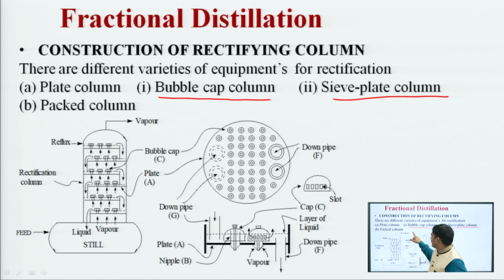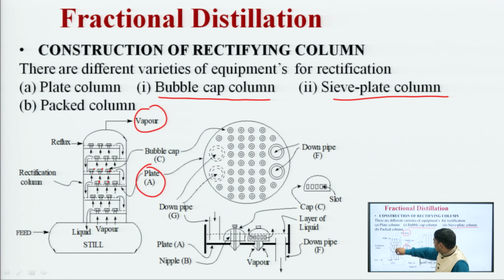From top we are collecting the vapor, and this vapor is passed to condenser. So, these are all bubble caps. These horizontal lines are different number of plates. So, these are denoted as plate A.